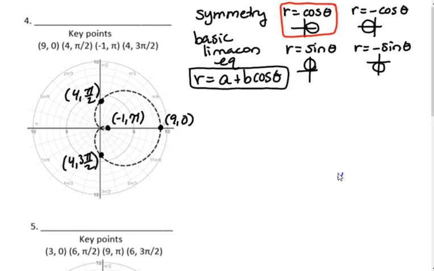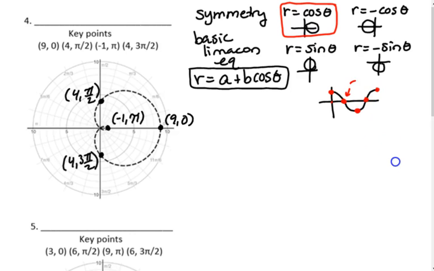Let's take a look at a little cosine graph. A cosine graph has 5 key points. These key points occur when theta is 0, pi over 2, pi, 3 pi over 2, and 2 pi.